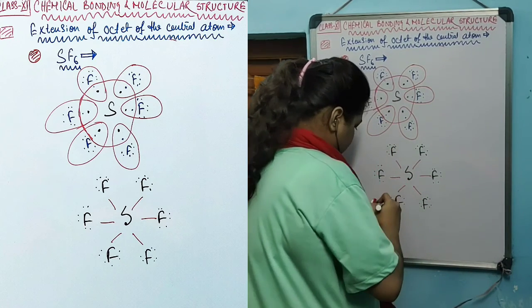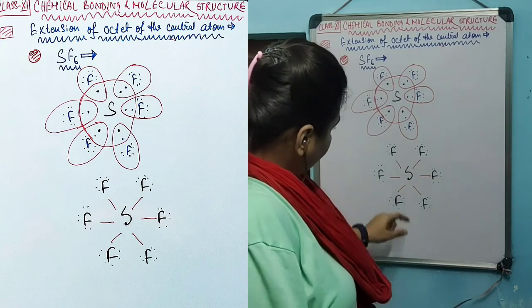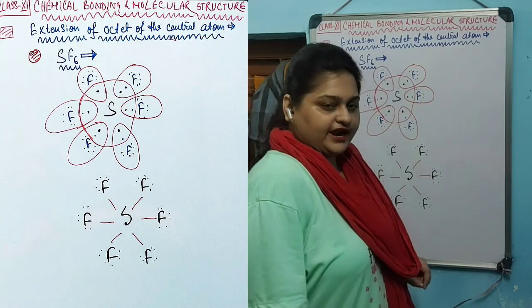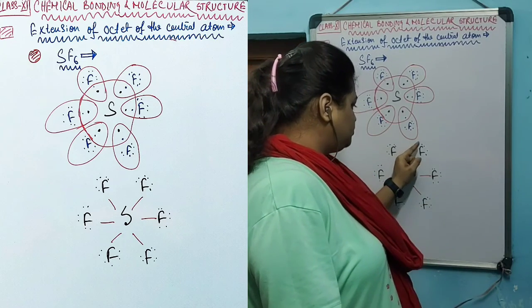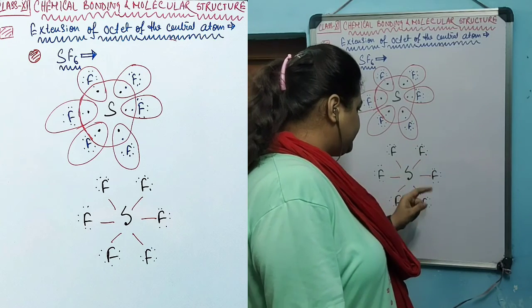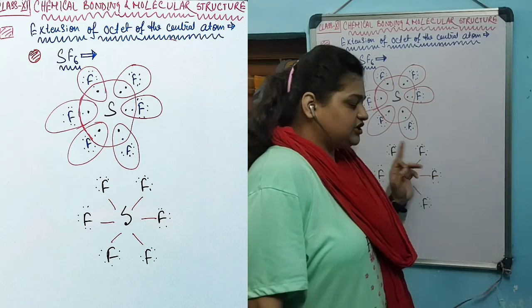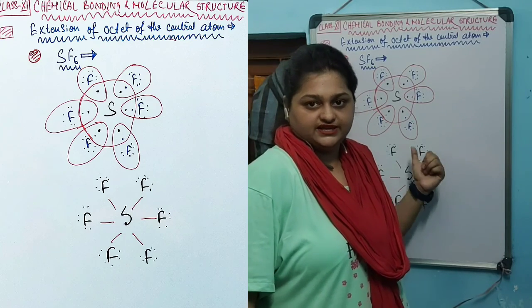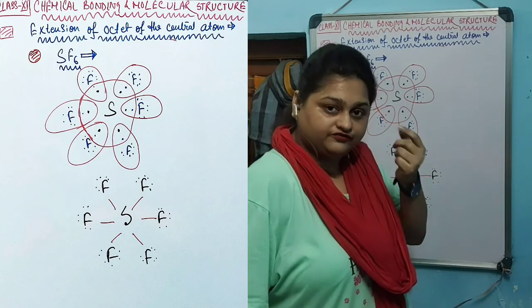In this SF6 molecule, each fluorine atom possesses 8 electrons in the valence shell, like 1, 2, 3, 4, 5, 6, 7, 8. So all the fluorines have their octet filled.